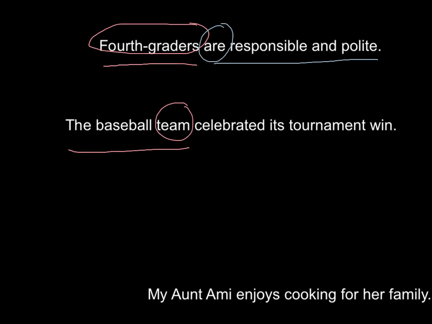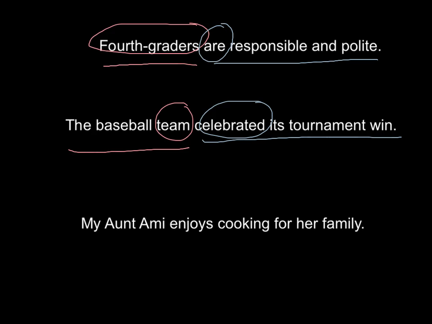The rest of the sentence is the complete predicate. Celebrated its tournament win. But if I'm looking for the one word that I need, the verb that is the simple predicate, it would be celebrated. So the simple predicate is celebrated.